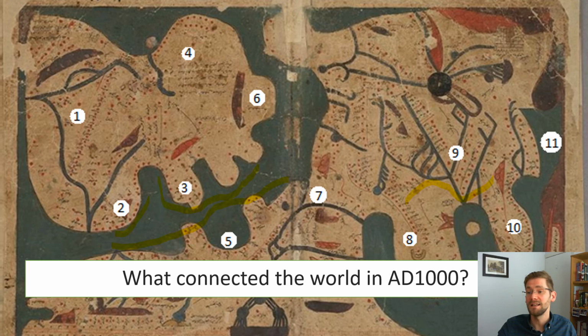But what you see is an Islamic world, and we think the scholar who created this was based in Cairo, but with a knowledge of things that go all the way over to China on this far eastern side, and even to the far wilds of almost Great Britain, or Britain, I should say, up here.